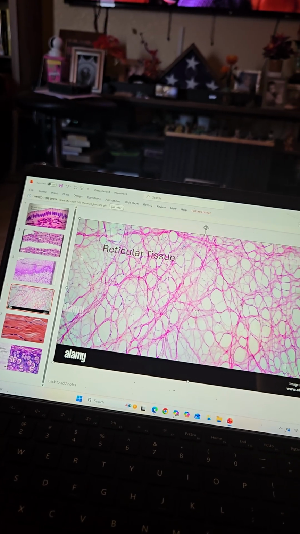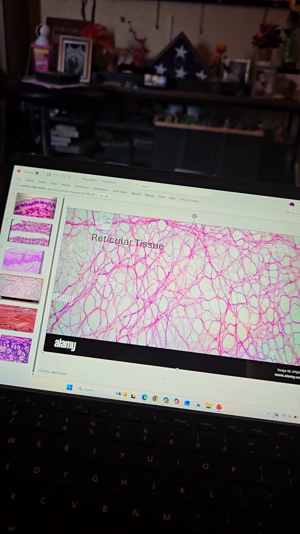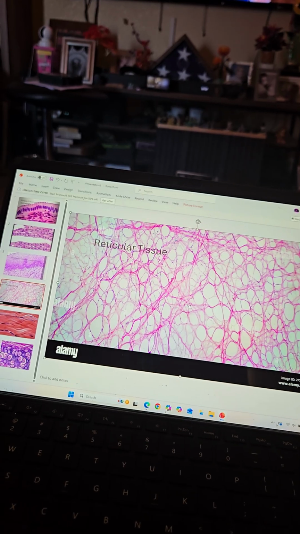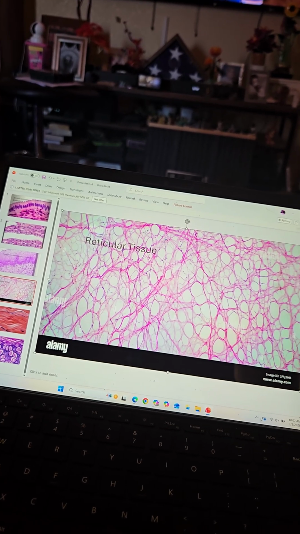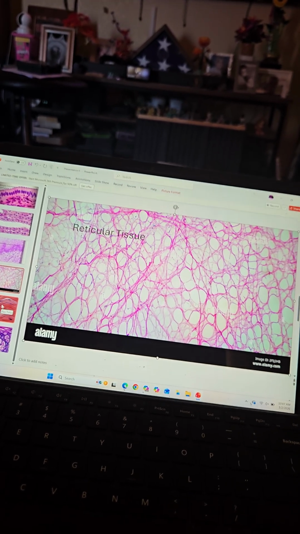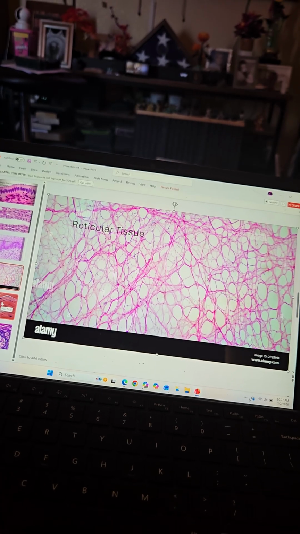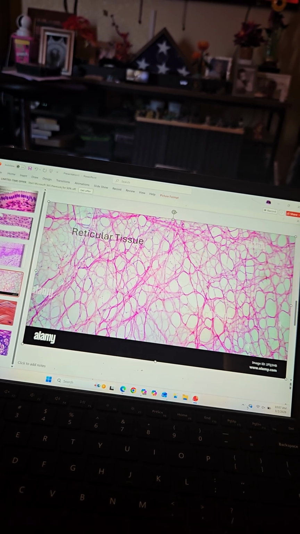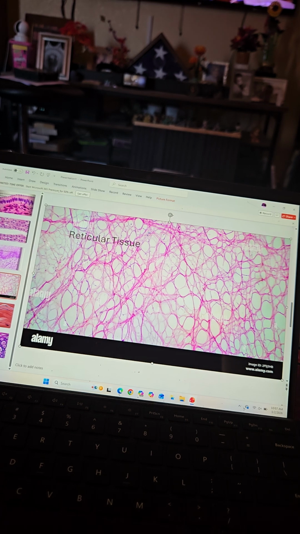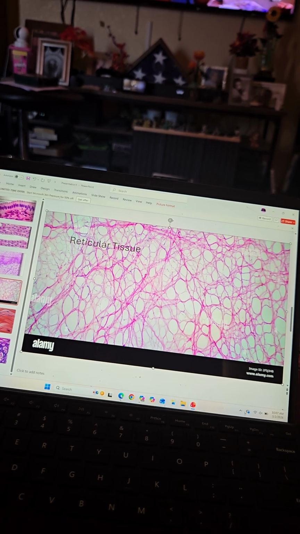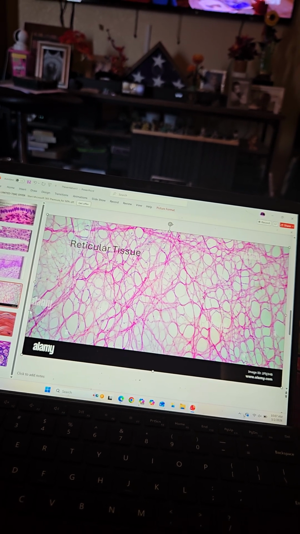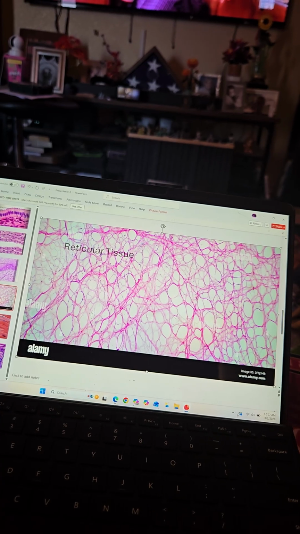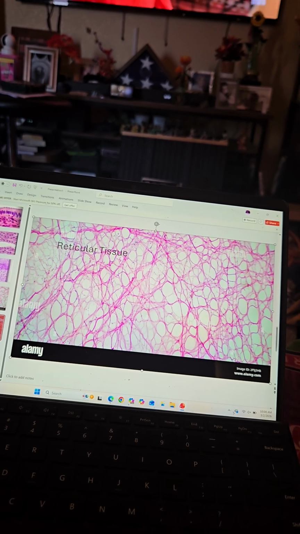You can find this in the lymph nodes, the spleen, the thymus, and bone marrow. And then, like I said, you can see the reticular fibers right here. And it's also made up of fibroblasts.